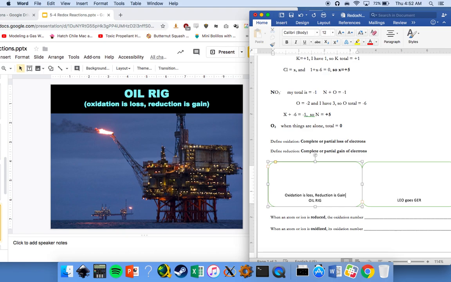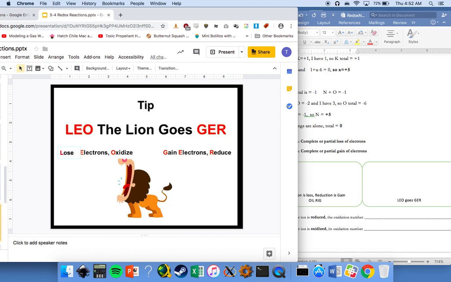I just remember the word OIL RIG and I remember what the thing is. In vogue right now in chemistry education is LEO goes GER, because it also talks about the fact there are electrons. LEO goes GER: losing electrons oxidizes, while gaining electrons reduces. Whatever you want to do to memorize these works, as long as you know that oxidation is the partial loss and reduction is the partial gain.